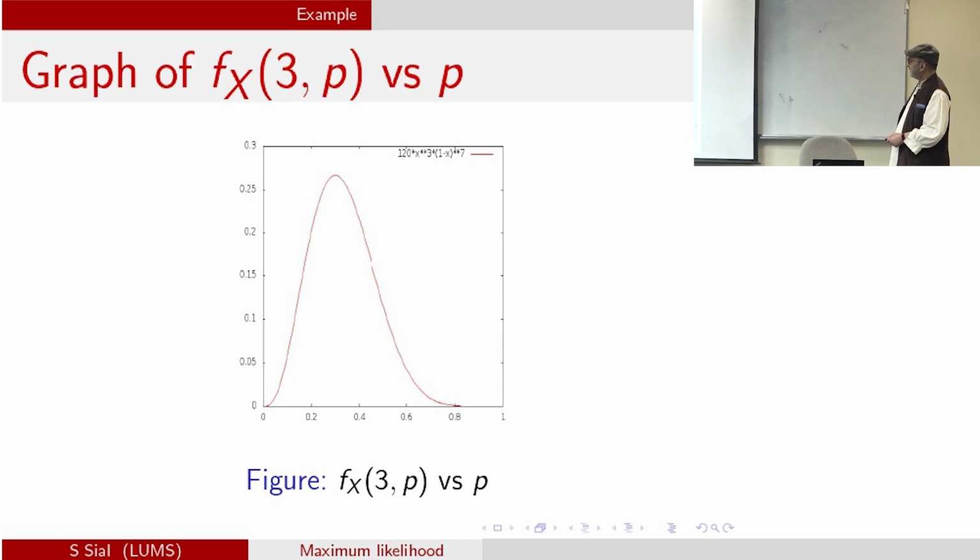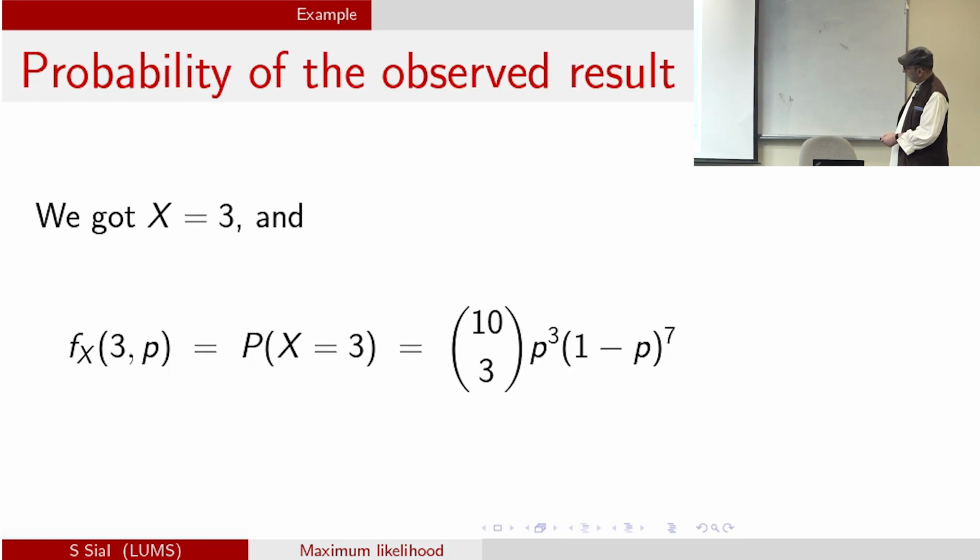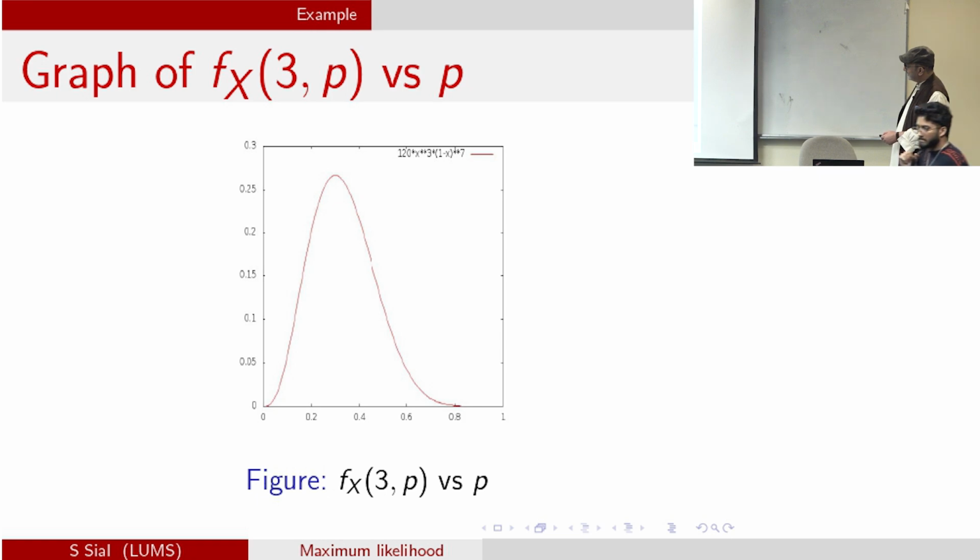Here's a graph of this function. Remember, this was the function, the PMF for x equals 3. So this is your L on the vertical axis, and these are the values of p.